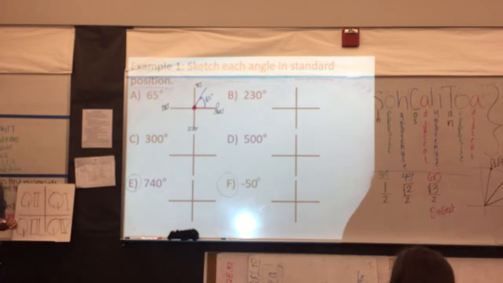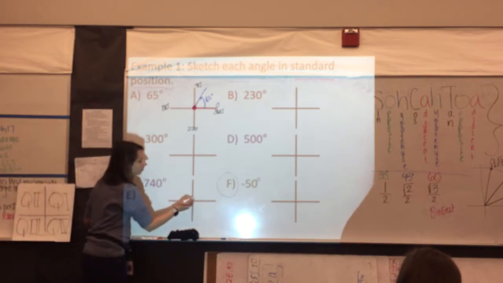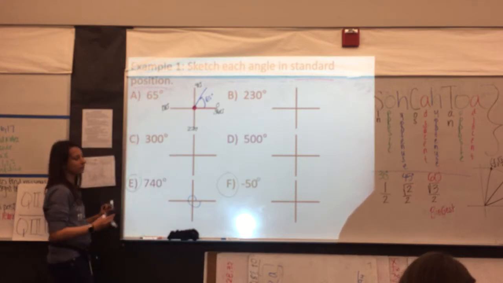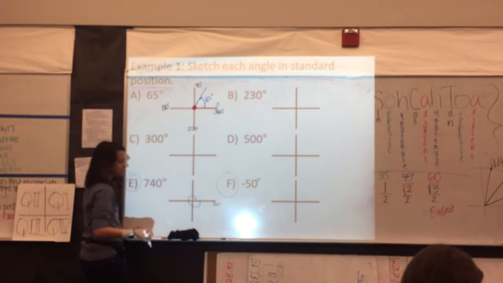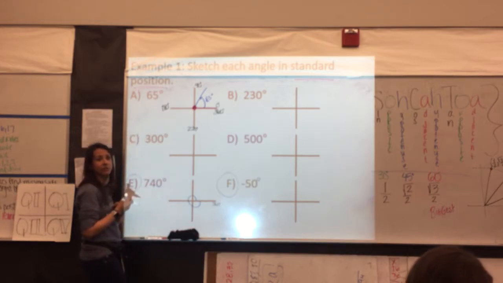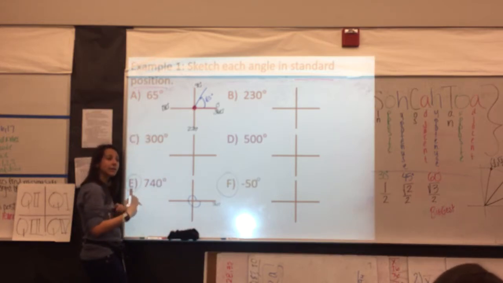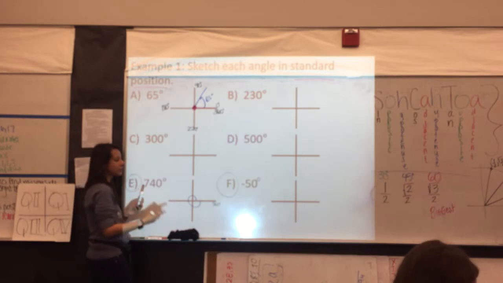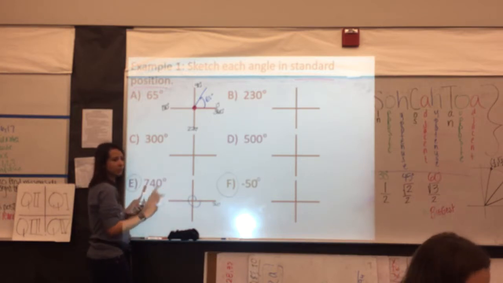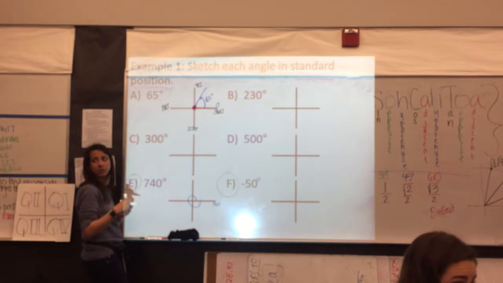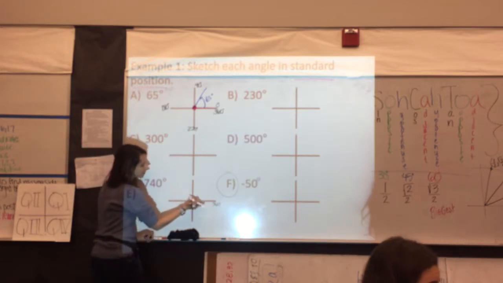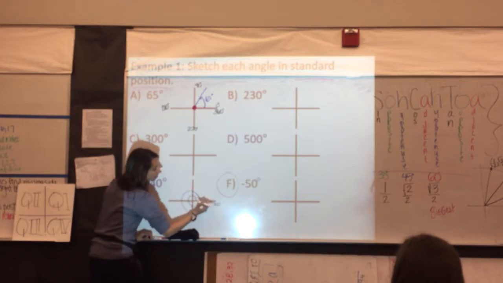If I do one full rotation, how many degrees is that? 360. Okay. So I need to get all the way to 740. You can go around again. That's called a rotation. What would be two rotations? How'd you get 720? 360 plus 360. Okay, so this is 720.